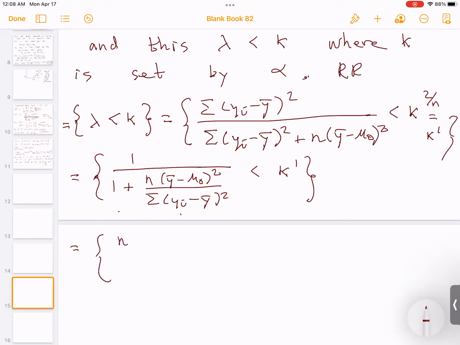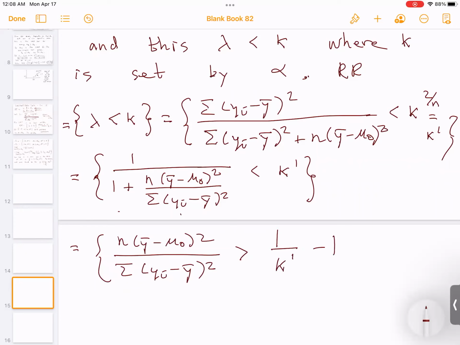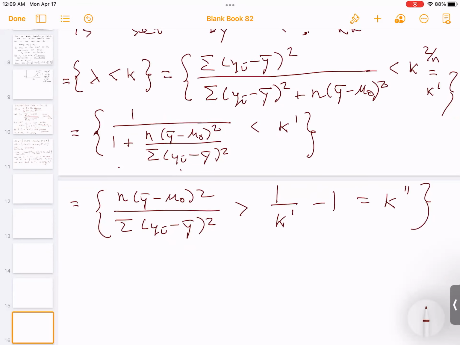So I have n y bar minus mu 0 squared over the sum must be greater than 1 over k prime minus 1. Let's just call this whole thing k double prime. So if it's greater than k double prime, I'm going to reject.